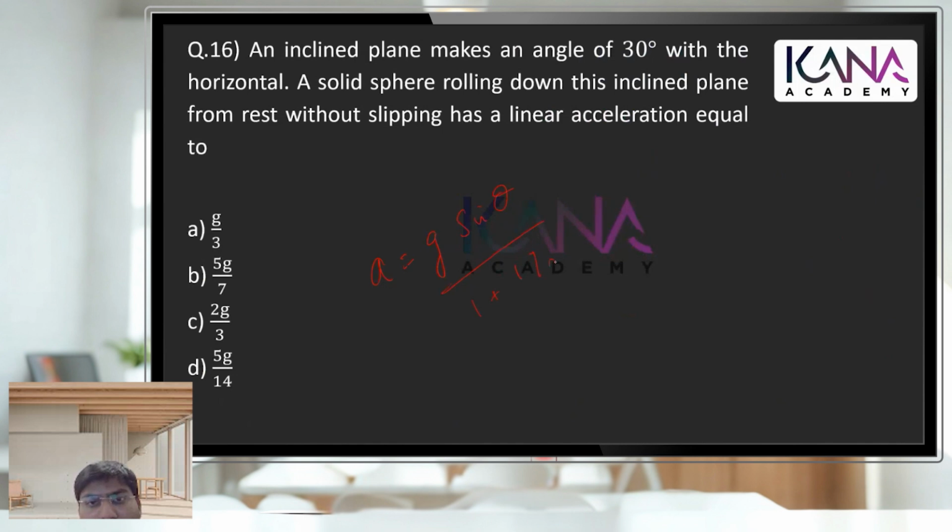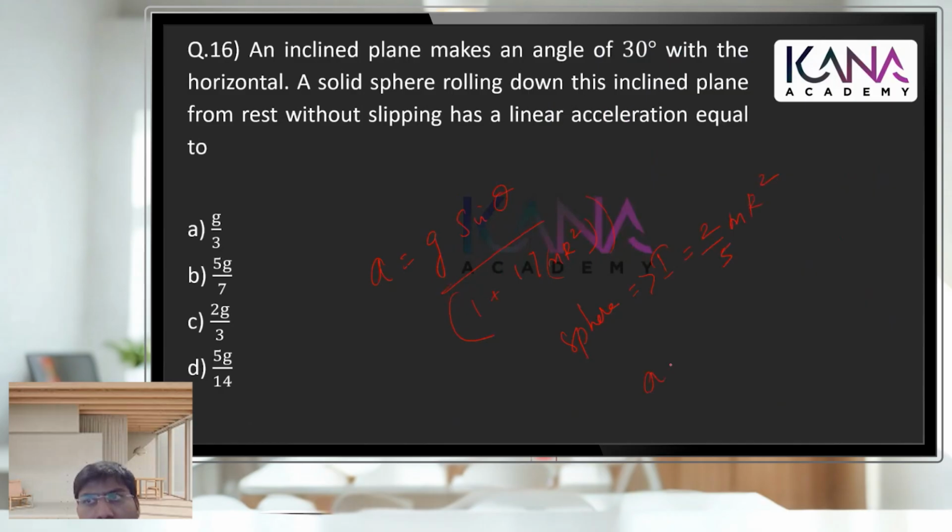1 by gamma square. So based on this, for a sphere, I is 2 by 5 gamma square.